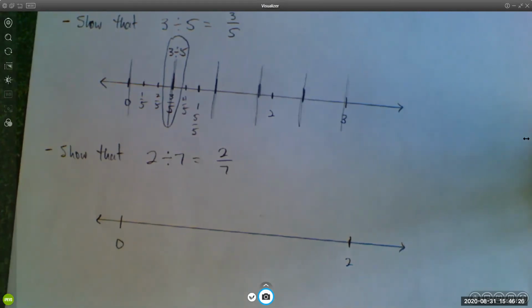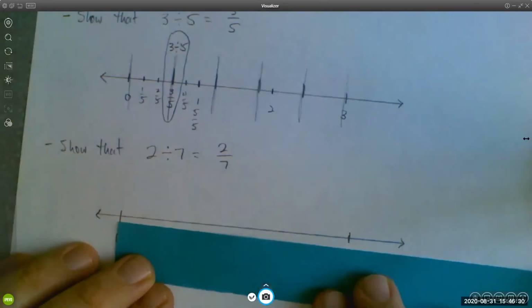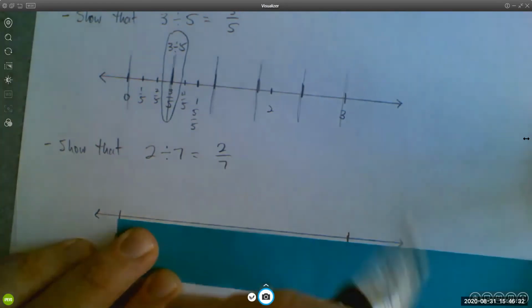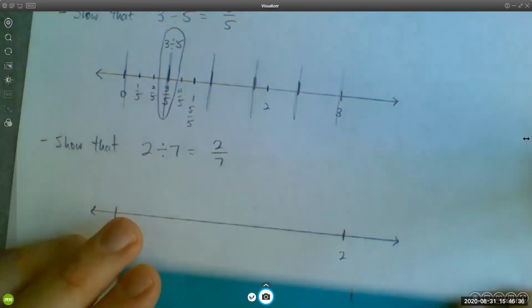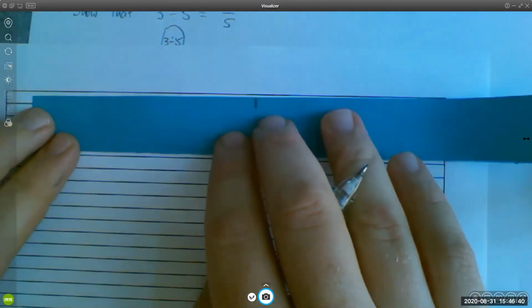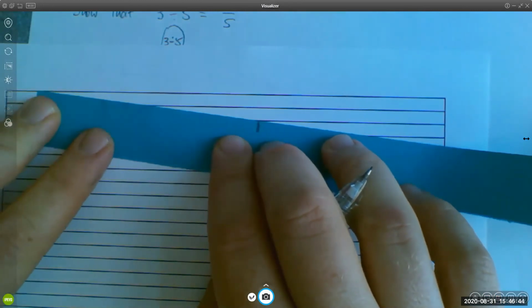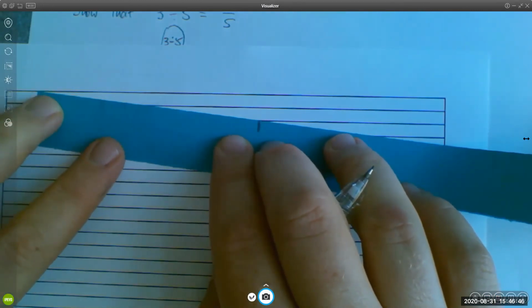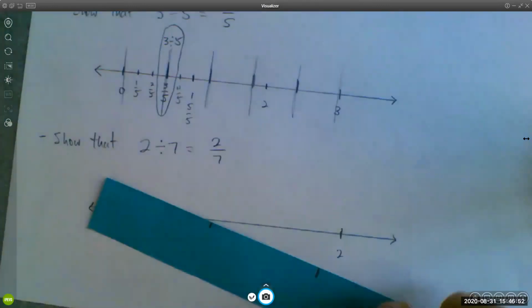Okay. So I need to split this in half so that I know exactly where 1 is supposed to go. I'm going to go down 2 spaces. Okay.